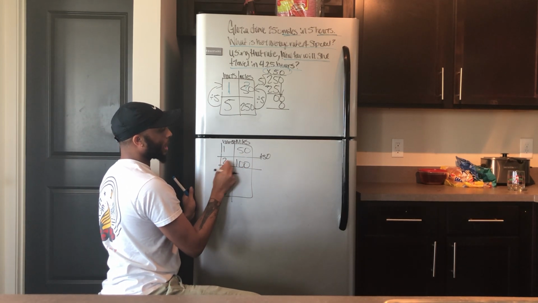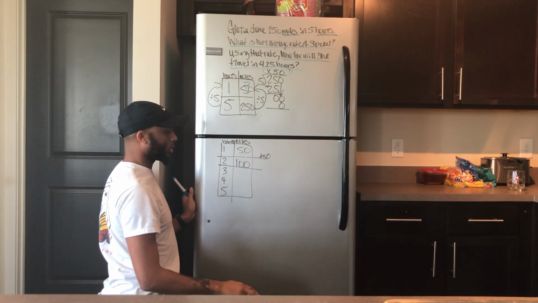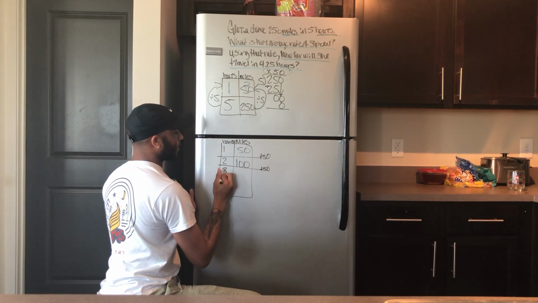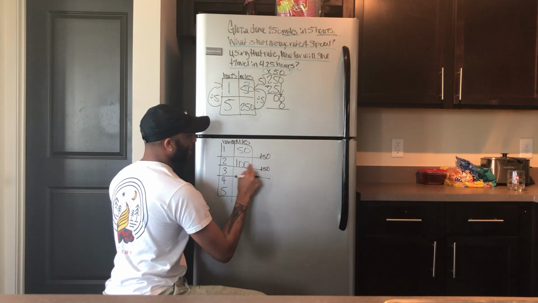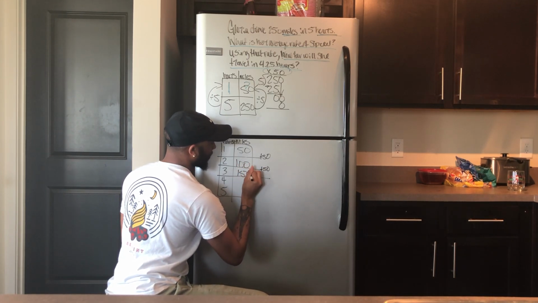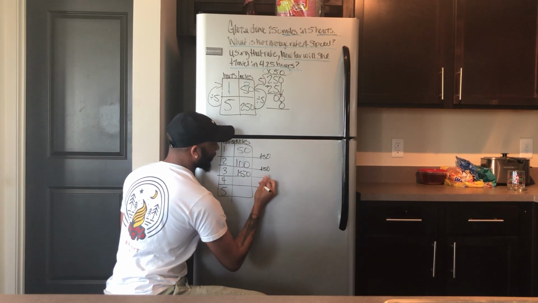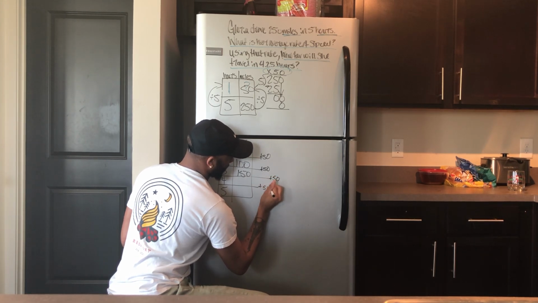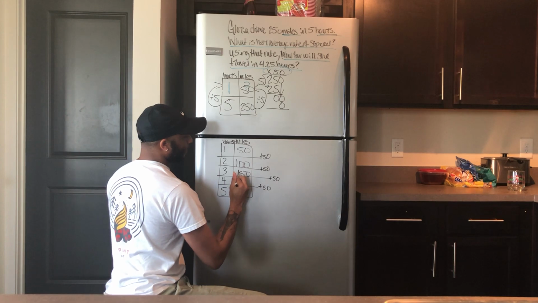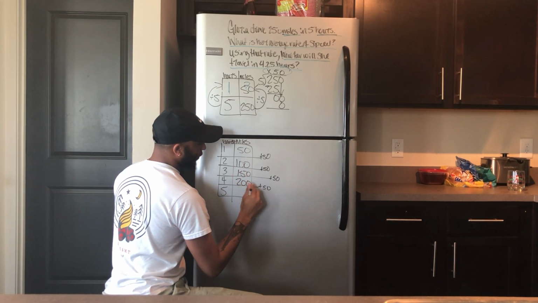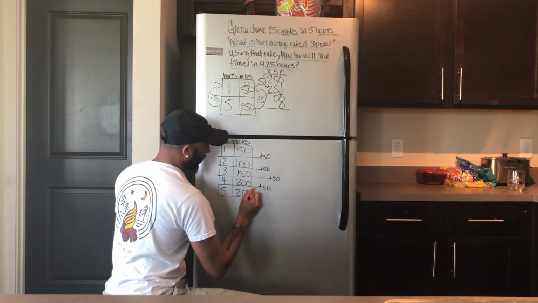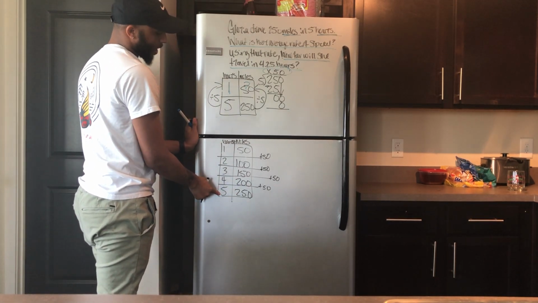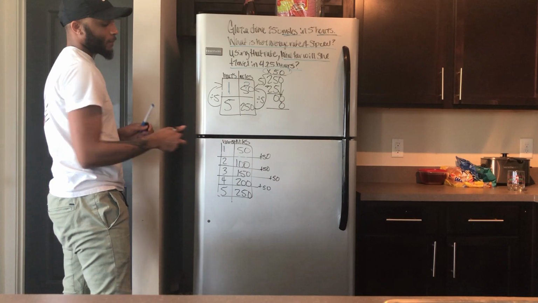So for 2 hours, I'm going 100 miles, all right? If I add another 50 to the 100, it gives me what? 150, all right? And if I add another one to 150, 150 plus 50 gives me 200, and then 200 plus 50 gives me 250, all right? 250 miles for 5 hours and 50 miles for 1 hour.